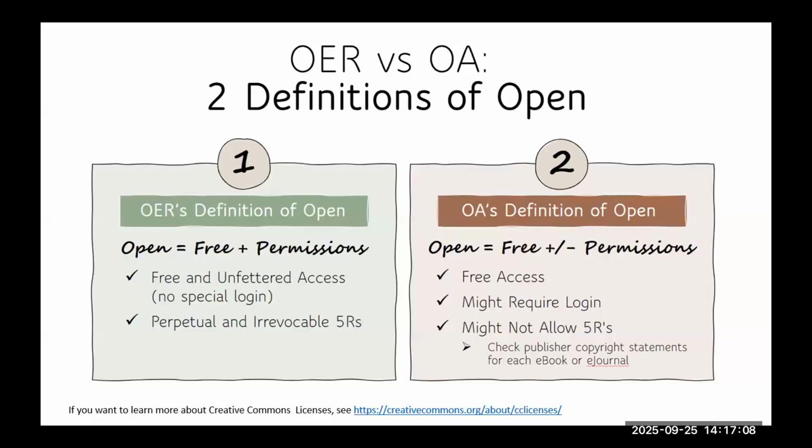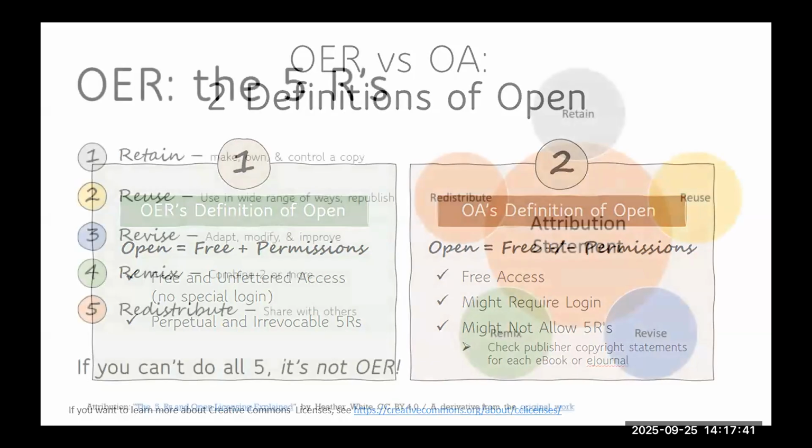They're called the 5 R's, which we'll talk about in a moment, but they're perpetual and irrevocable ways that you can access and modify these materials. Open access materials are slightly different. Some might require a login. Some might allow some of those 5 R's, but not necessarily all of them. So all open educational resources are open access, but not all open access materials are educational resources. It's important to have that differentiation.